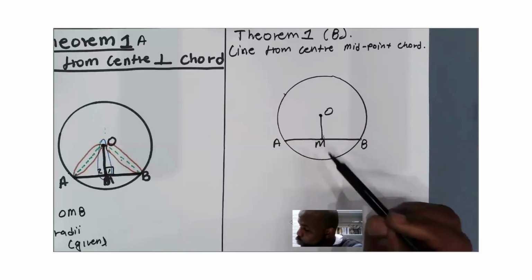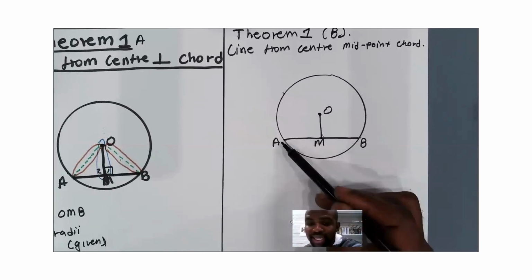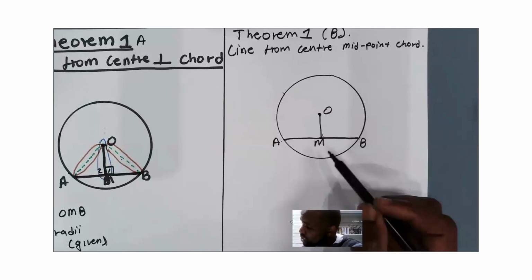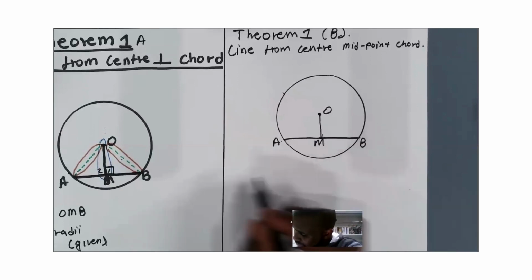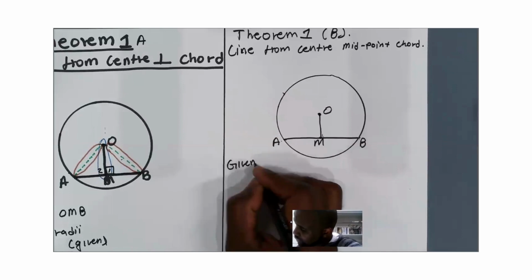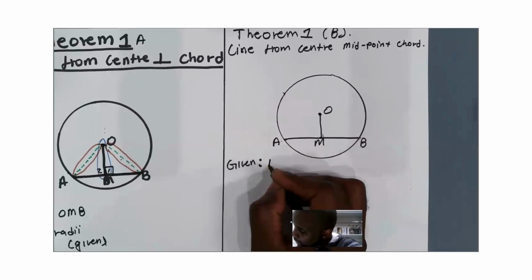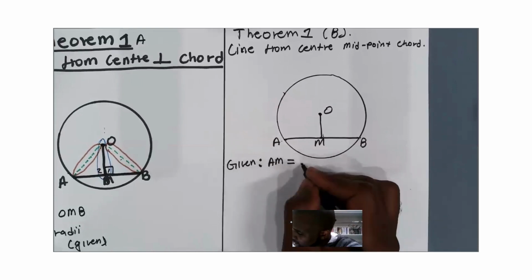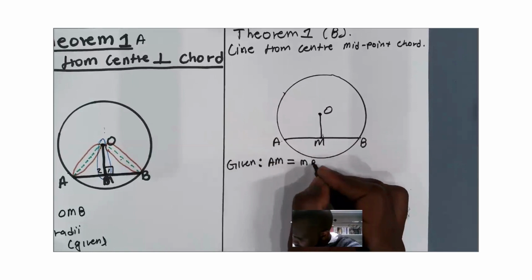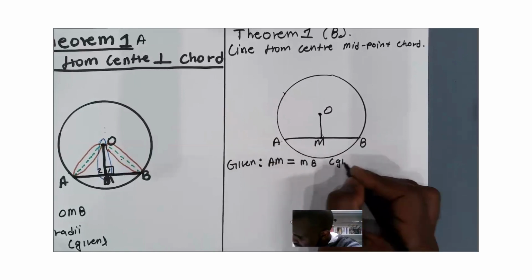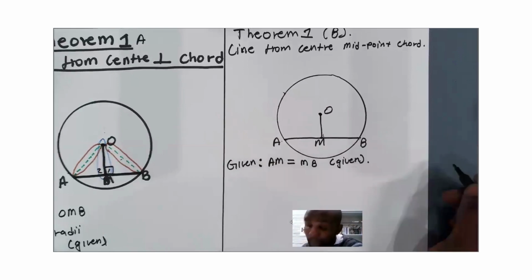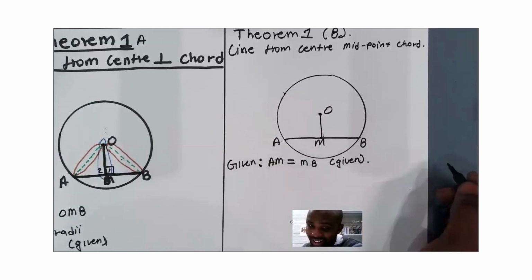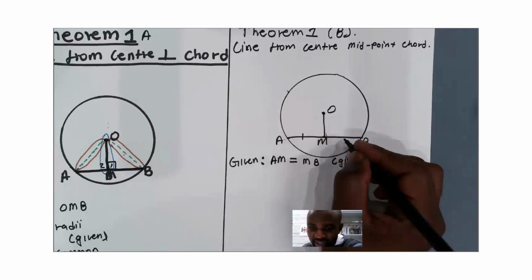So le line le ihlukanisa u-AB kabili phakathi nendawo. Meaning what it's given here, we are given that u-AM uyalingana no-MB. This is given. I've been told basitshelile ukuthi AM elingana no-MB, meaning this is equal to this.